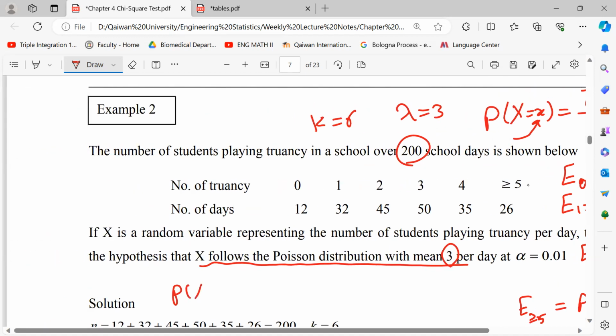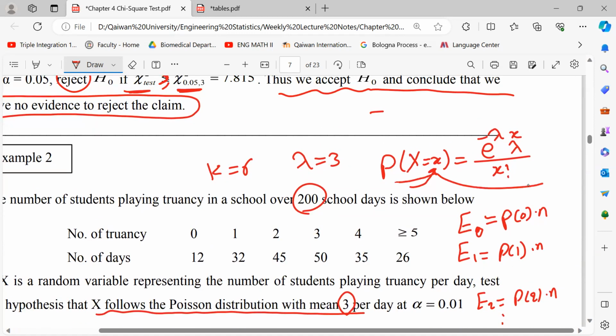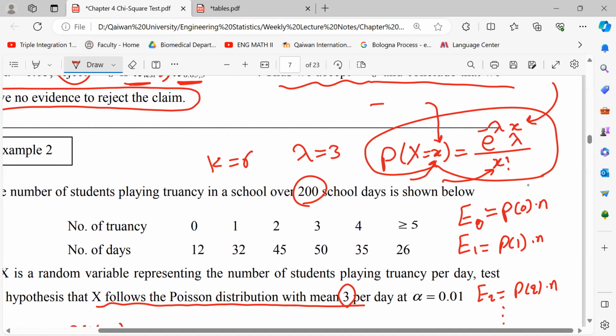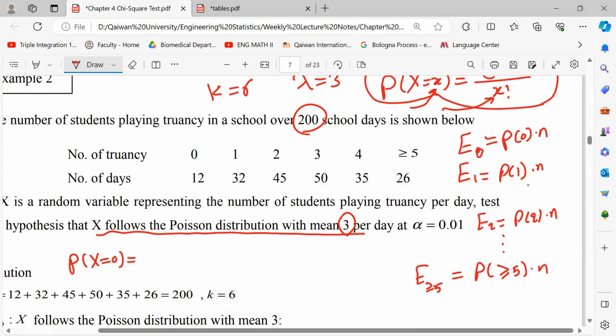Probability of capital X to be 0 is equal to, we use this rule, okay? This X and what's in the denominator are both this little x. For 0, it is e to the power minus lambda, which is minus 3, so e to the power minus 3 times lambda, which is 3, to the power x, which is 0, dividing by 0 factorial.